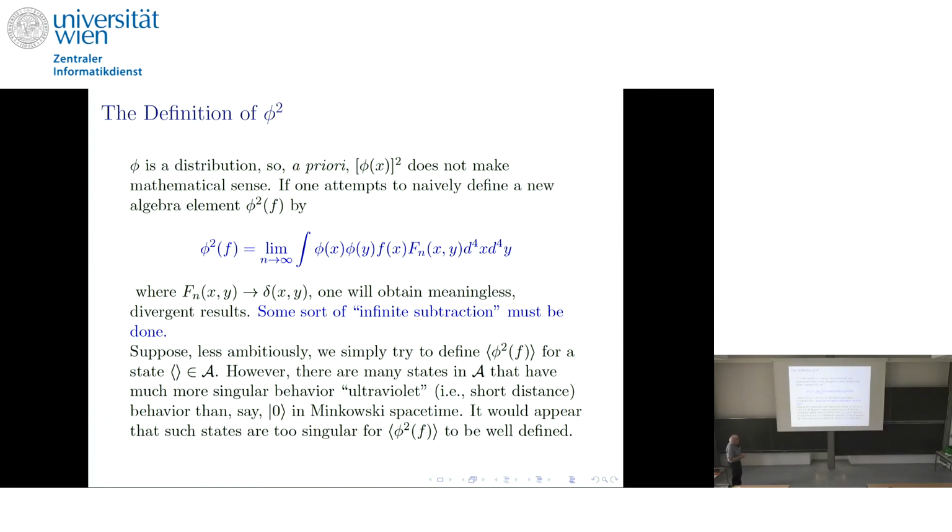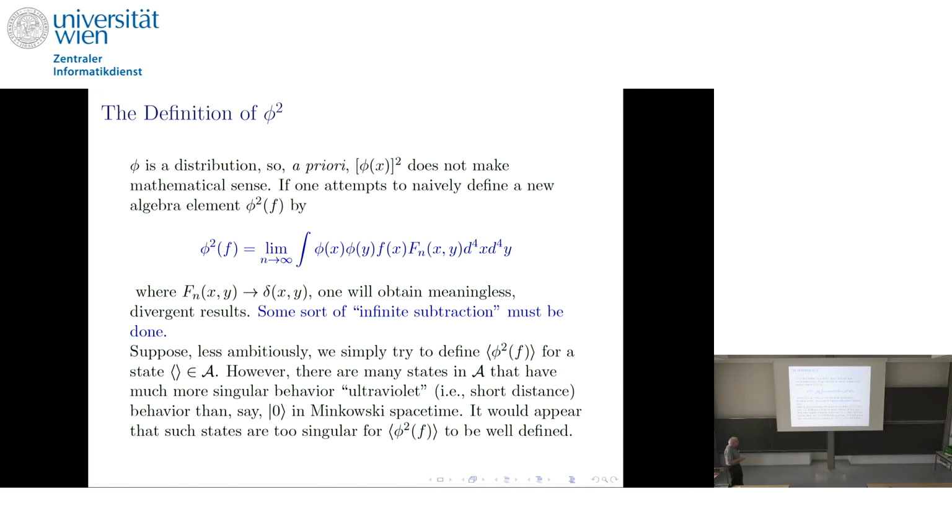So for starters, one might just try to define, this bracket is the same as the omega of the previous slide, the expectation value of phi squared. You want to do better than that. You want phi squared to be in a large algebra, and we'll get to that.